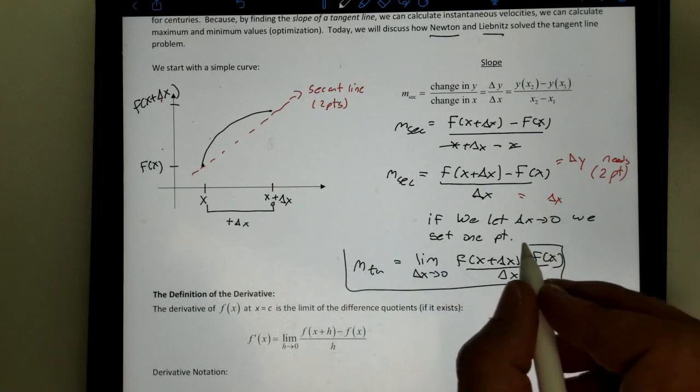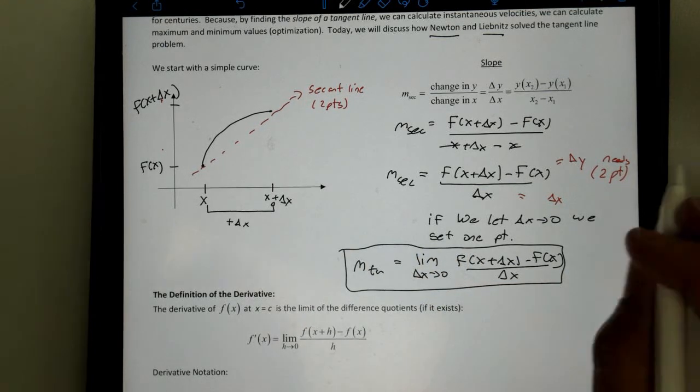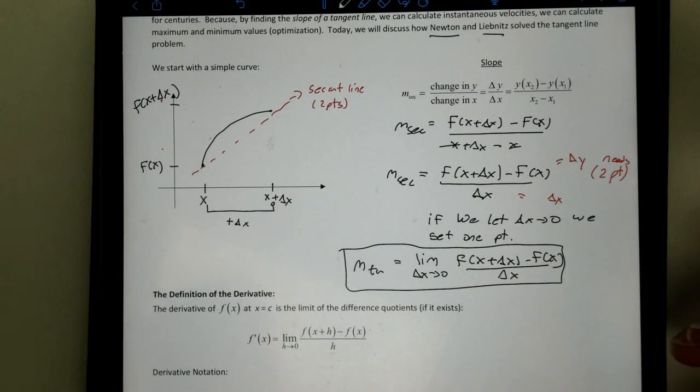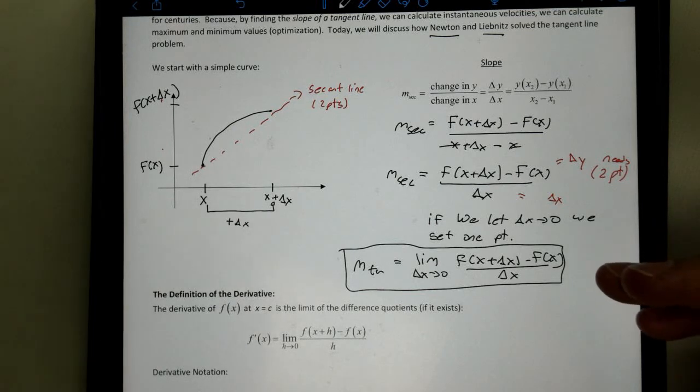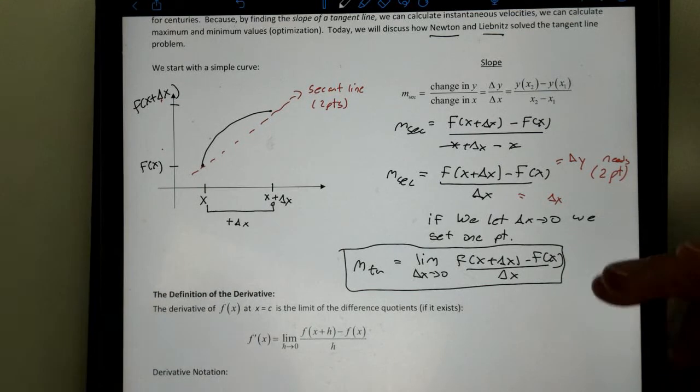And this equation right here is monumental in mathematics, in physics. This equation allows us to calculate instantaneous velocities. It allows Doppler radar to work, which is how I get speeding tickets all the time. We can use this to find the maximum or minimum values of parabolas. There's so many applications for the derivative.